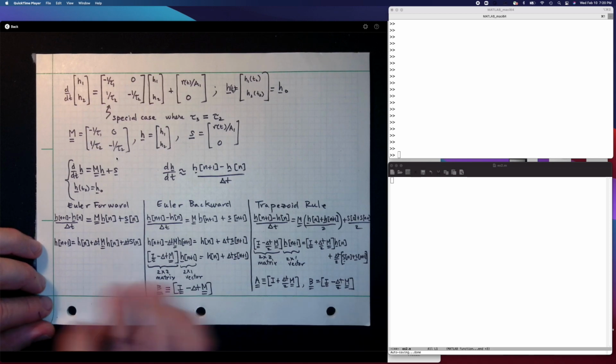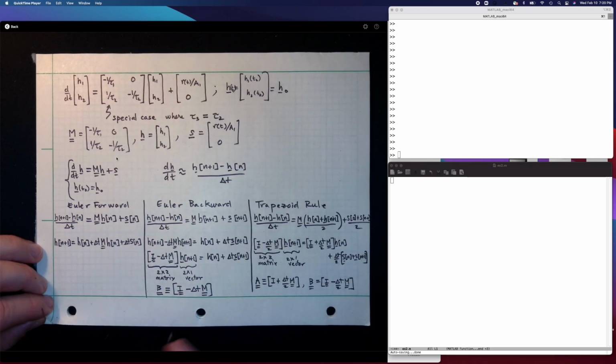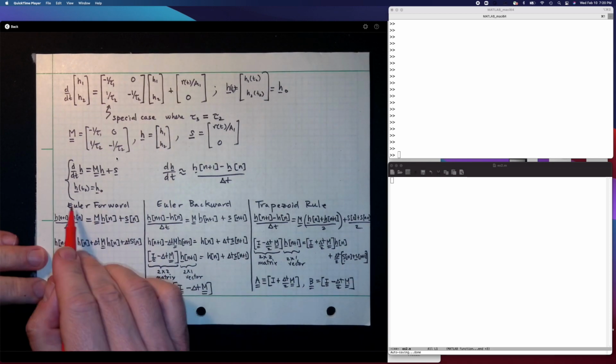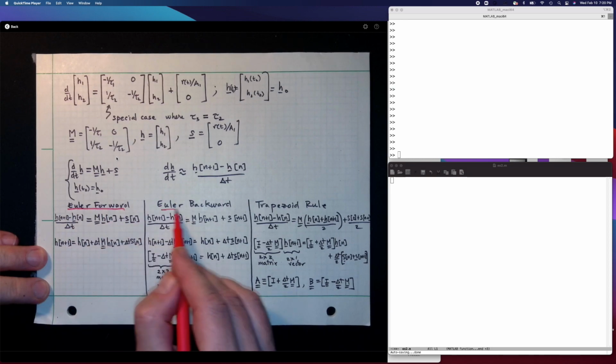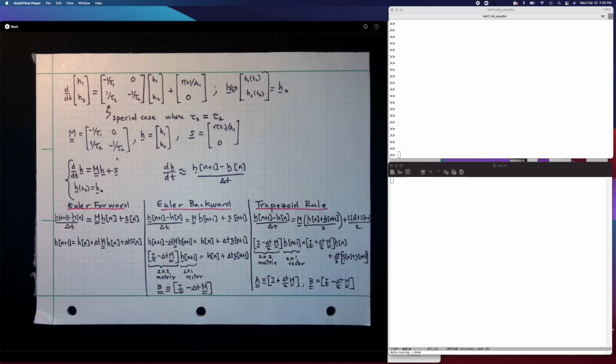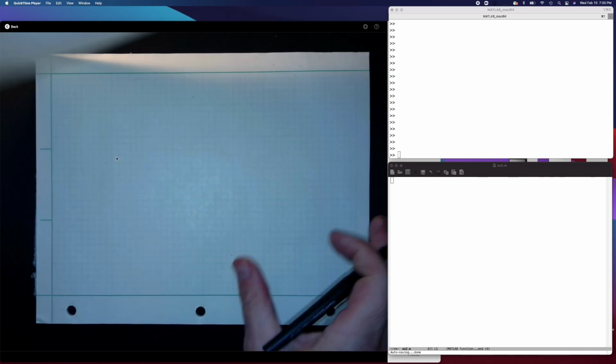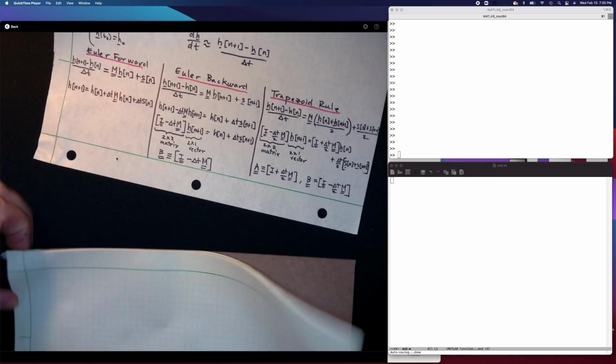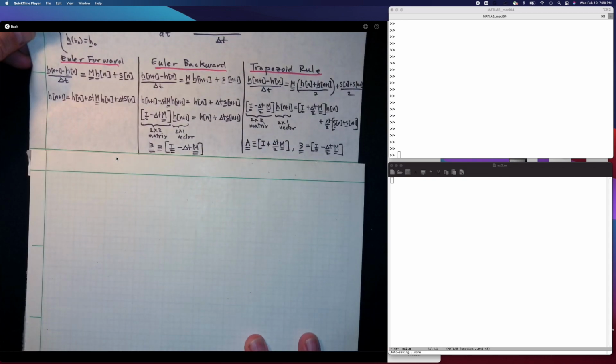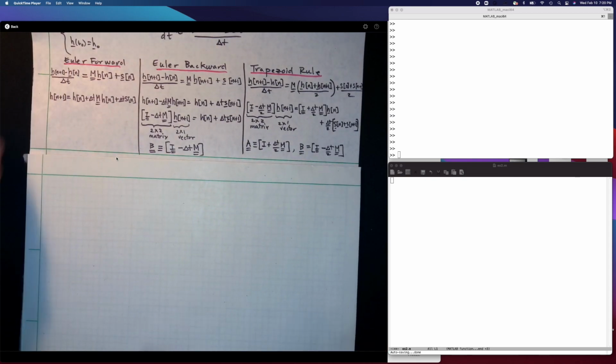I'll take a few time steps on paper, and then we can go to MATLAB. So a few time steps of the Euler forward.